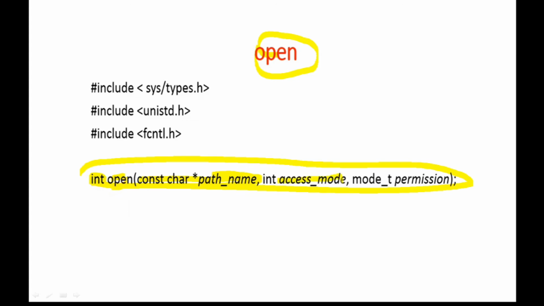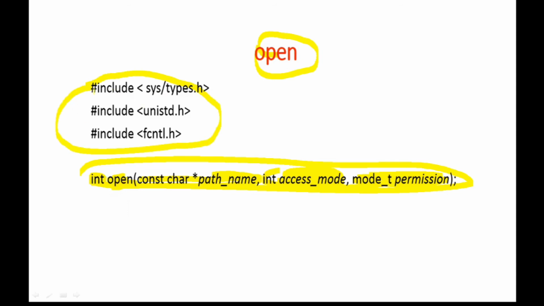Then the access mode, in which mode you are going to open the file, whether you are opening in read mode, write mode, or which mode. Then the mode permission, which all permissions you are going to have, will be specified here. We are going to see these two options in detail. Then just remember one thing: whenever you are going to make use of the open API, compulsorily you have to include these header files.